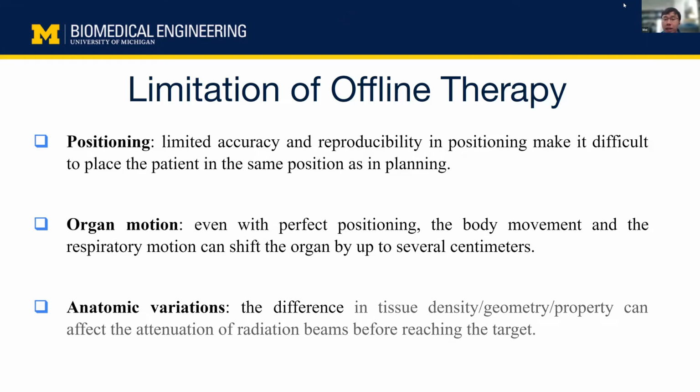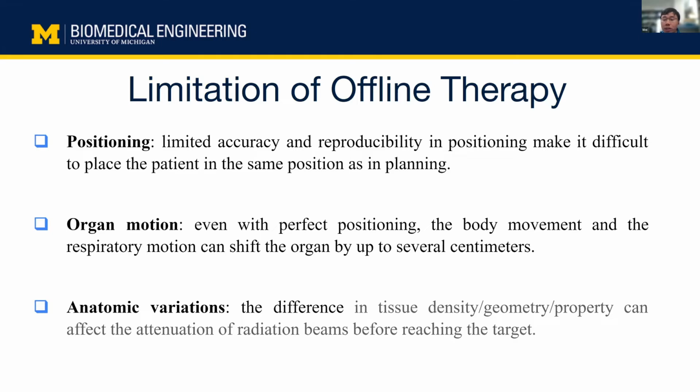Also, during the therapy, even with perfect positioning, body motion and respiratory motion can shift the organ by up to a few centimeters, which will greatly reduce the treatment outcome. Another concern is anatomy variation. Different organs have different density, geometry, and properties, which can affect the attenuation of the radiation beam.